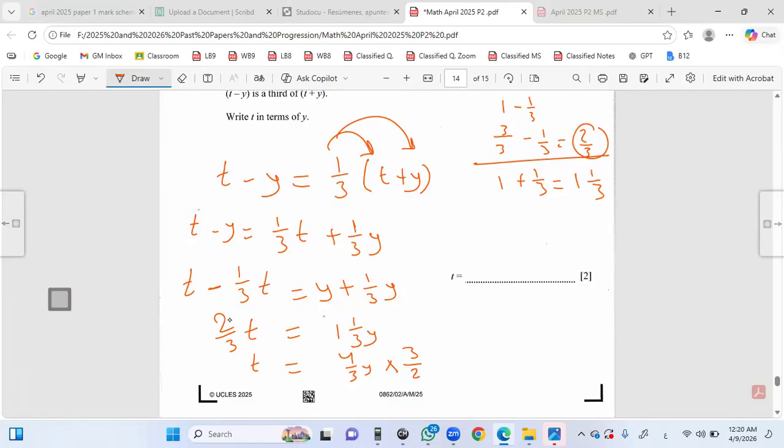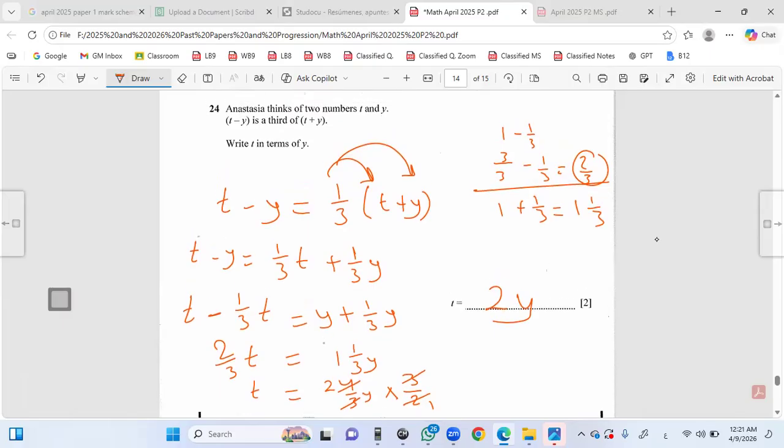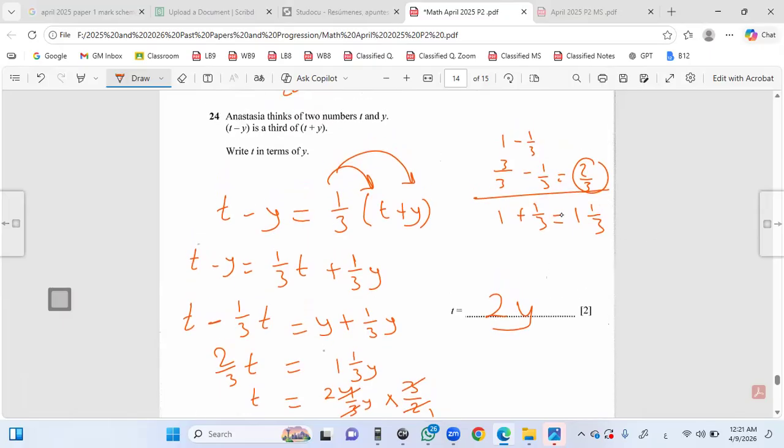I'm going to send the 2 over 3 there. Divided by 2 over 3, which is multiplied, keep change flip, by 3 over 2. This will be simplified with this, and this divided by 2 is 1. This divided by 2 is 2. So t equals 2y. If we look closer, I'm not sure actually, but I feel like I could have answered this in a shorter and simpler way.